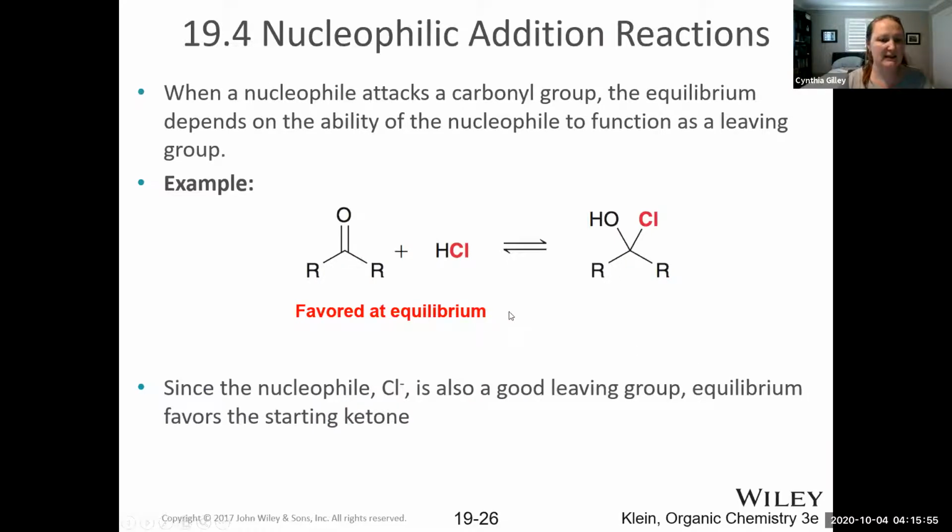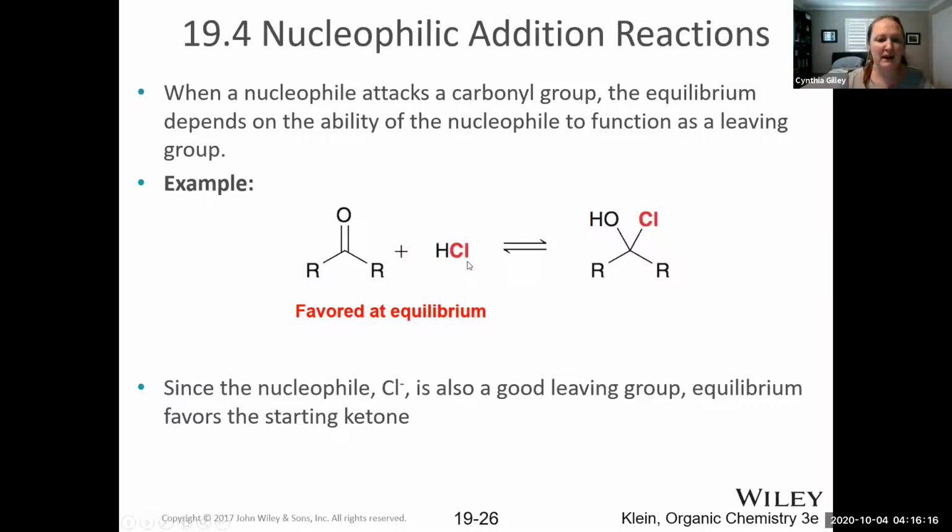So let's think about the reversibility of some of these reactions. How are we going to know if the reaction is reversible? Well, one way to know is to look at the nucleophile, right? In this direction, we did a reaction under acidic conditions because we're treating the ketone with HCl, which is an acid.